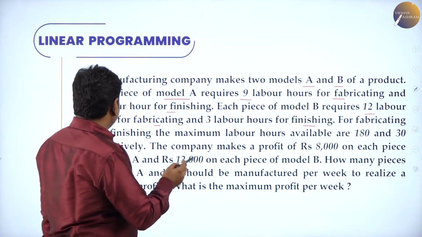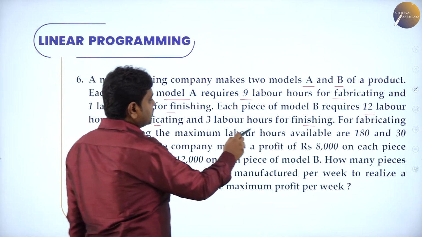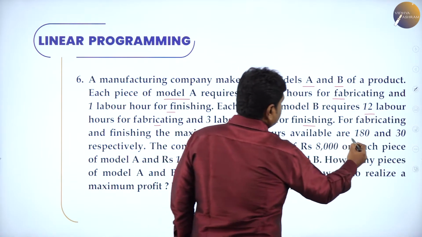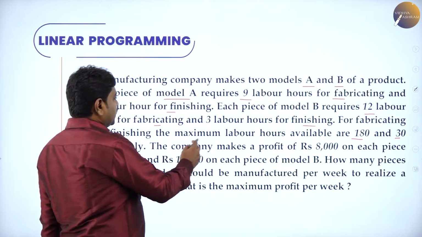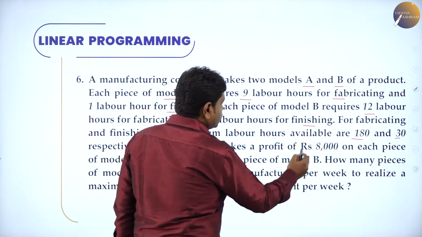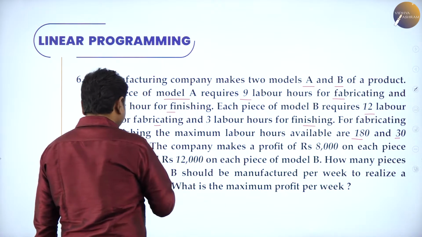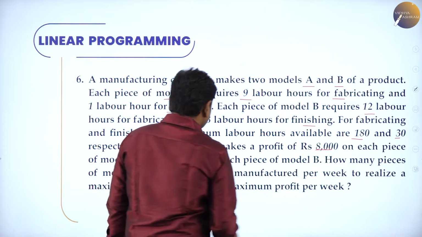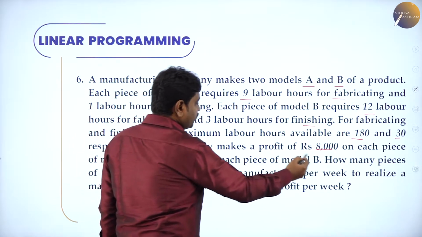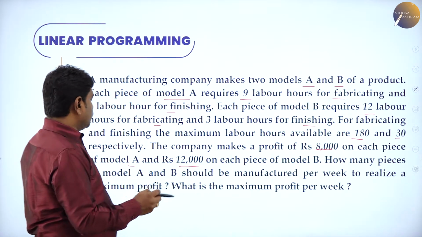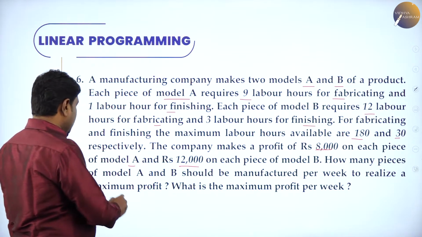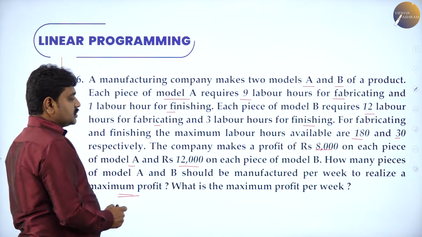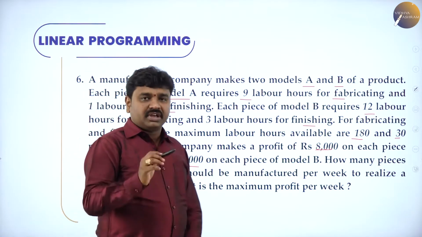So for fabricating and finishing, the maximum labor hours available are 180 and 30 respectively. The company makes a profit of rupees 8,000 for each piece of model A and rupees 12,000 on each piece of model B. How many pieces of model A and B should be manufactured per week to realize a maximum profit? So what is the maximum profit per week?